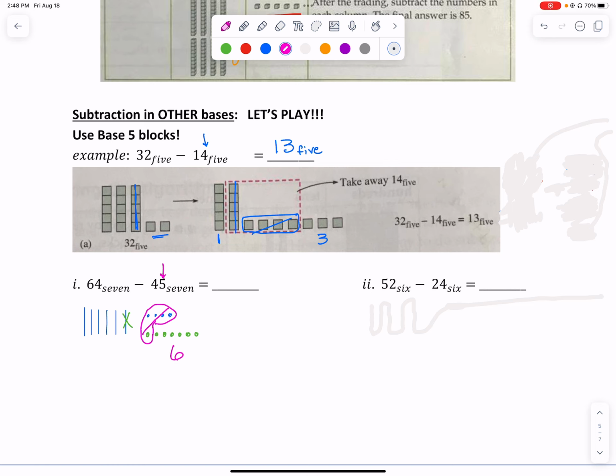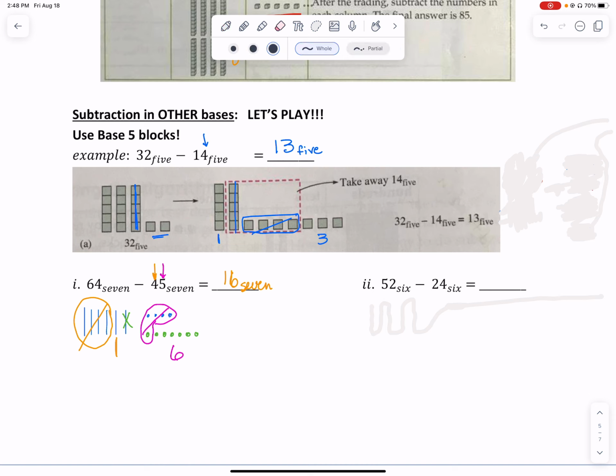And now I need to take away, let's do it in orange, 4 rods. Do I have 4 rods to take away? Yes, which is good because I don't have anything to borrow from, do I? So I'm going to take those 4 away, and I've got this one left. So my answer will be 16 base 7.